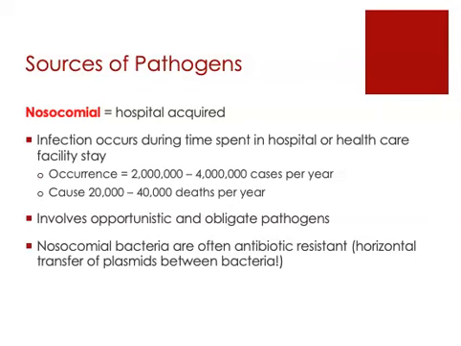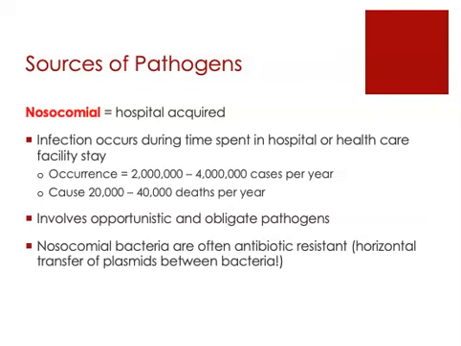Currently, the data shows that there are between 2 and 4 million cases of nosocomial or hospital-acquired infections each year in our country. And those infections lead to somewhere between 20,000 and 40,000 unnecessary deaths.